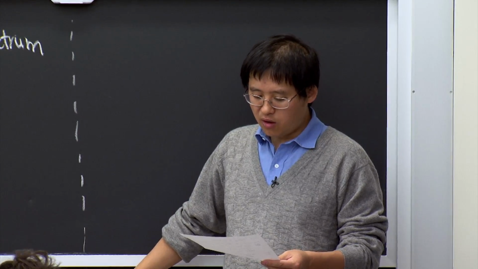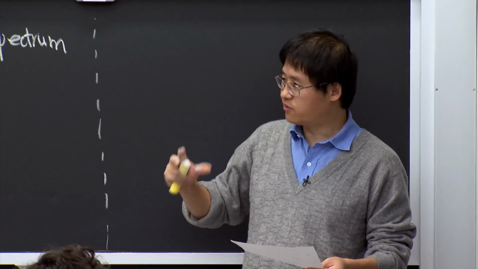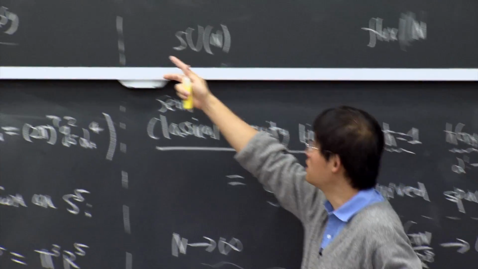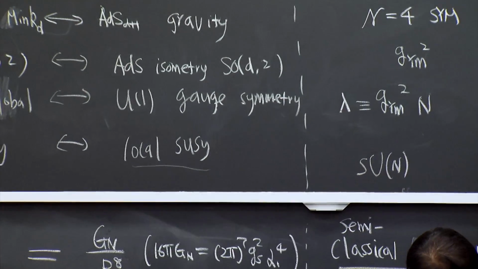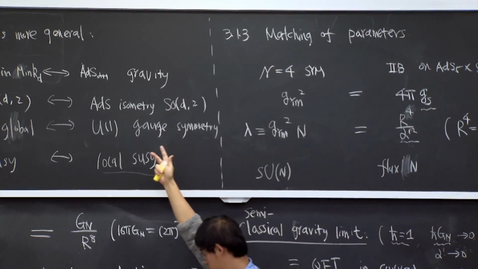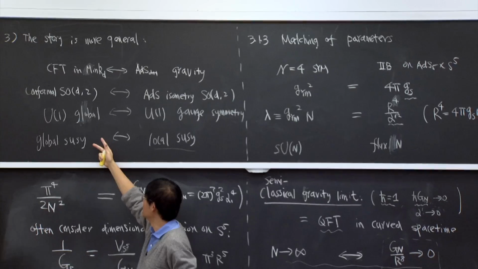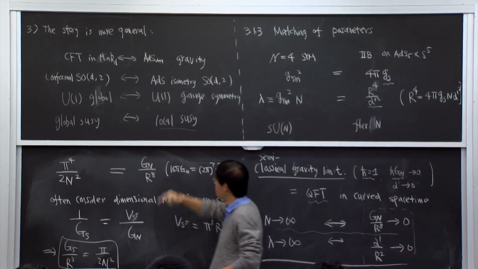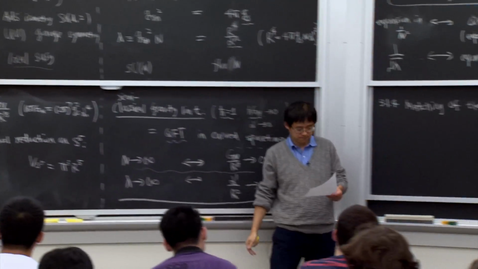I will also often use language which applies to the general correspondence, not necessarily just N equals 4 super Yang-Mills theory and type IIB string theory. I just assume there's a general correspondence between some conformal field theory and some AdS gravity theory. Okay?